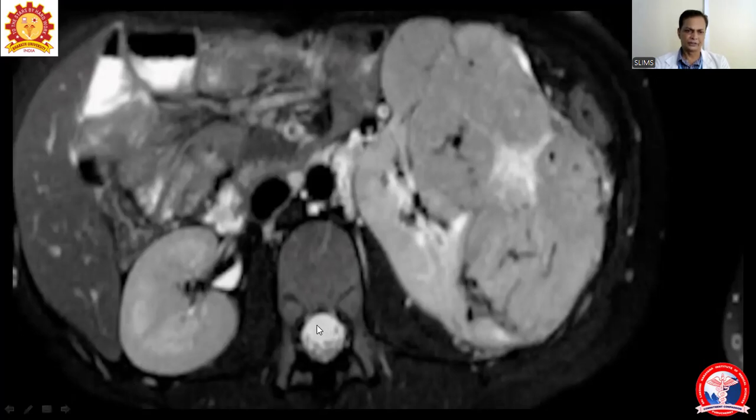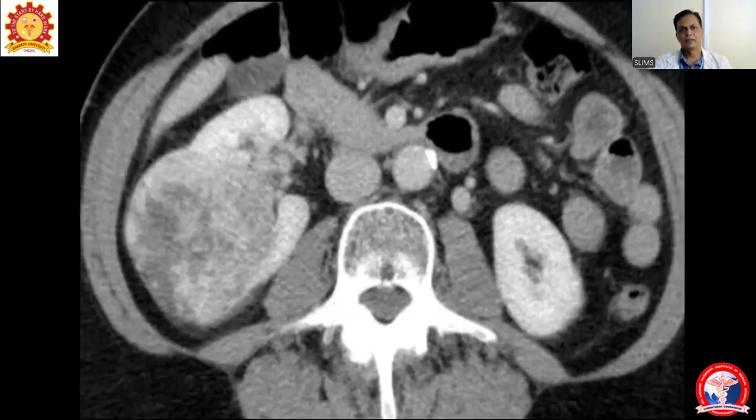Here CSF is seen as hyperintense fluid, and in the intestine, fluid is seen as hyperintense. Coming back here, this is the central area, which is showing fluid signal because of central necrosis. Again, a large lesion, which is malignant, renal cell carcinoma.